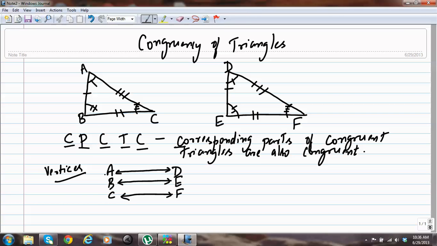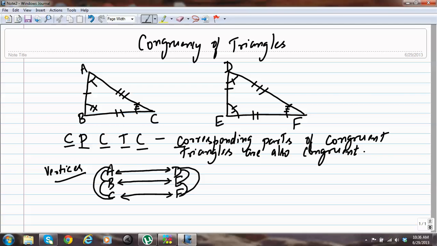Similarly, side AB and side DE are corresponding sides, side BC and side EF are corresponding sides, and side AC and side DF are corresponding sides.